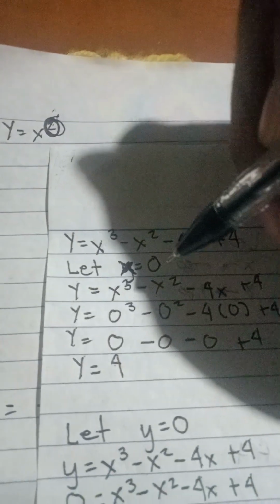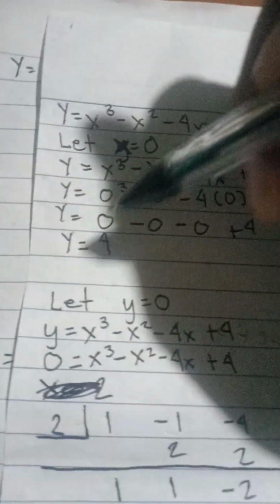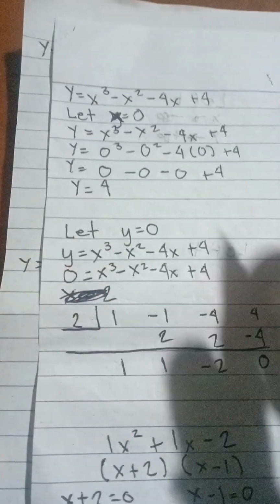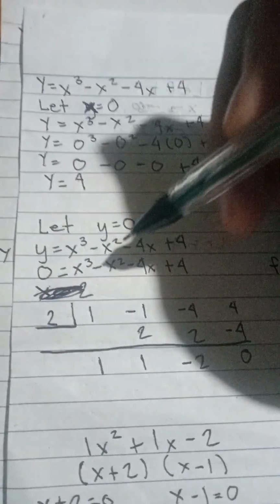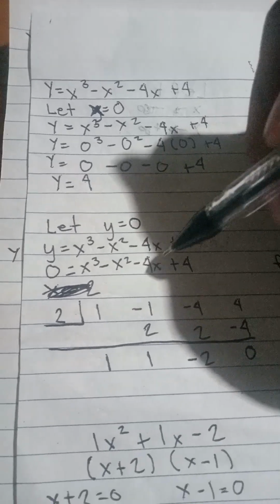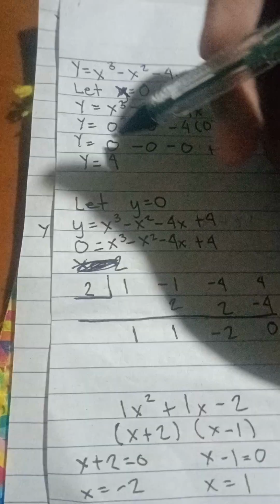Then y equals 0 minus 0 minus 0 plus 4, so our y-intercept is 4. To find the x, let y be 0: 0 equals x cubed minus x squared minus 4x plus 4.